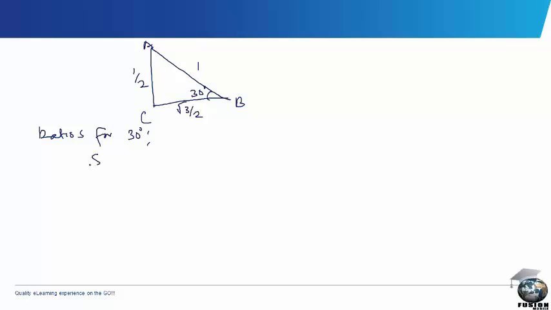So, ratios for 30 degrees, we have the following. Sine 30 degrees is equal to opposite over hypotenuse, which is equal to, the opposite side is 1/2 and the hypotenuse is 1, which gives 1/2. Therefore sine 30 degrees is equal to 1/2.